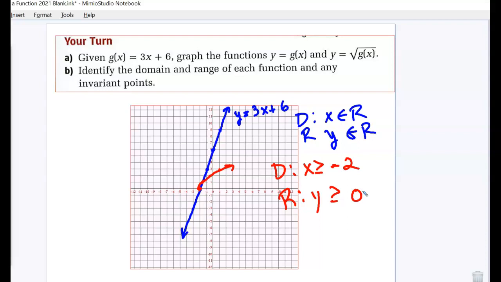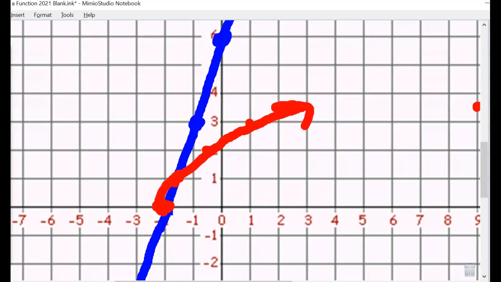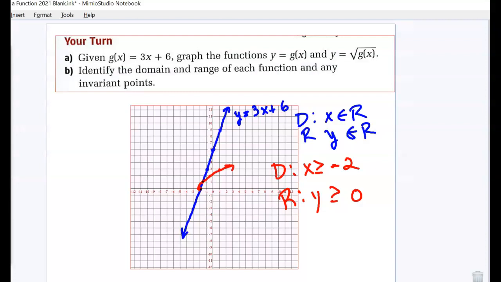Invariant points are going to be where y is equal to 1. Well, you'd have two of them. You'd have this point right here at 0 and -2, and this point right there. So the invariant points: one of the points is -2 and 0.